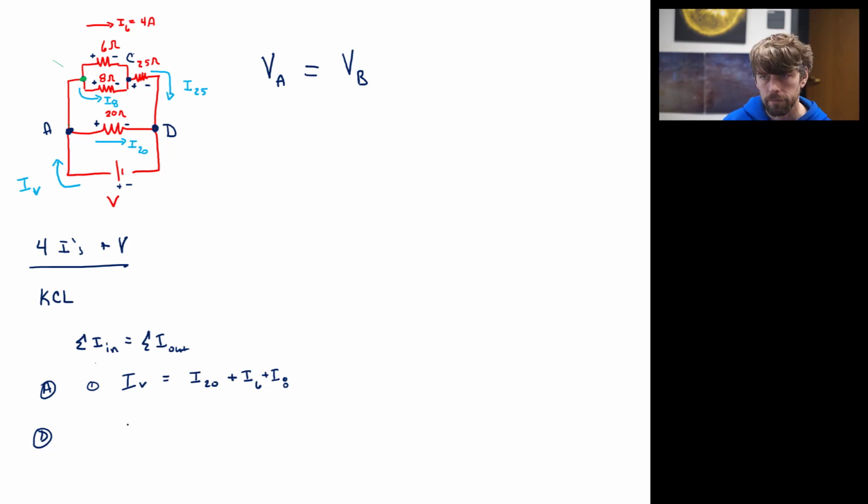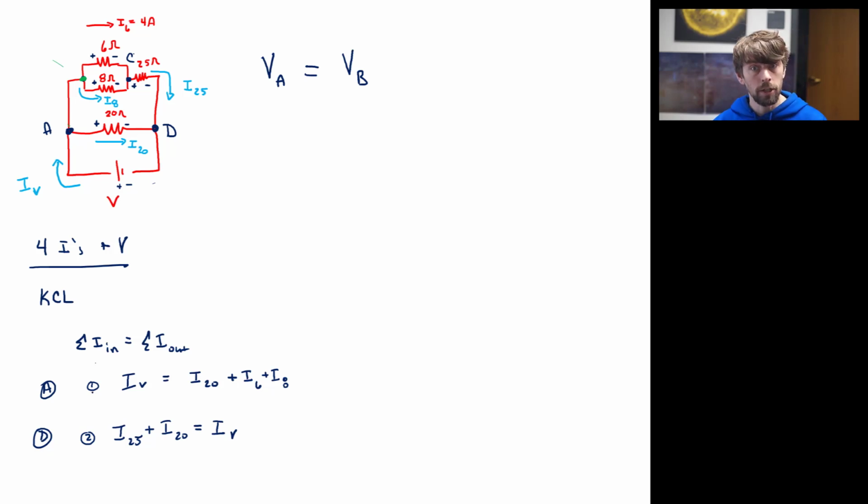But here, if I'm looking at junction D, we see that I-25 is coming in, and I-20, from this middle branch, for lack of a better word. And then coming out, well, we follow along and we go, yeah, that's still IV. So going out is IV. And I'll go ahead and call that equation 2.